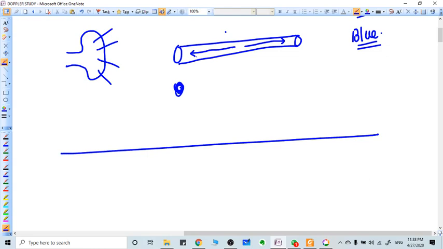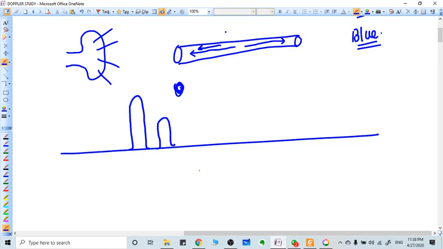So if the velocity is like this much, then the waveform will be formed like this. If the flow in the blood vessel is towards the probe but not that much velocity, some smaller velocity, then the waveform will appear smaller than this.